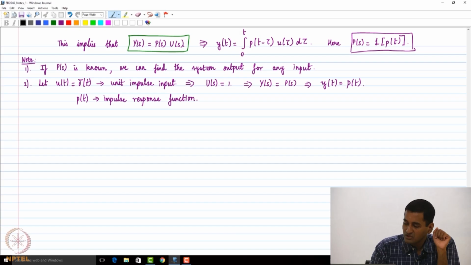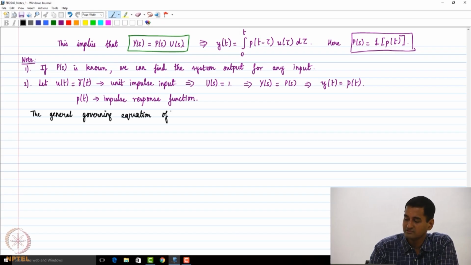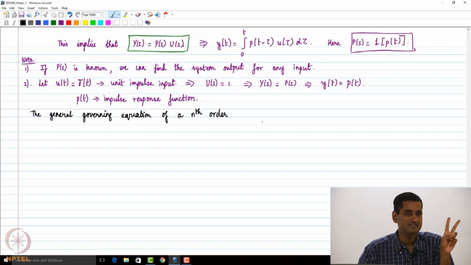Okay, so now I am going to tell you something in general. In general, the governing equation of what we call an nth order system. See, the mass spring damper system was a second order system, because the highest derivative of the output term was order 2.